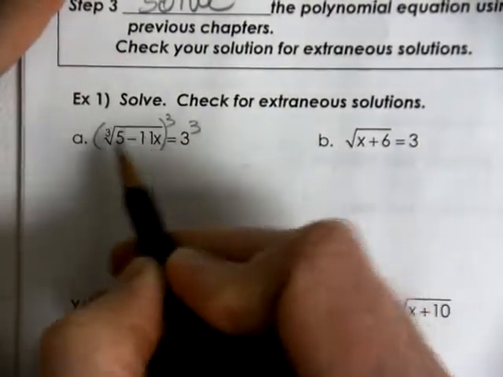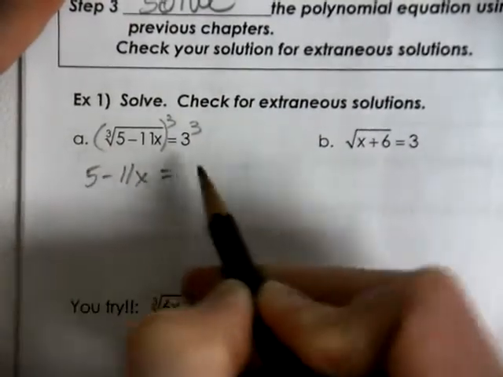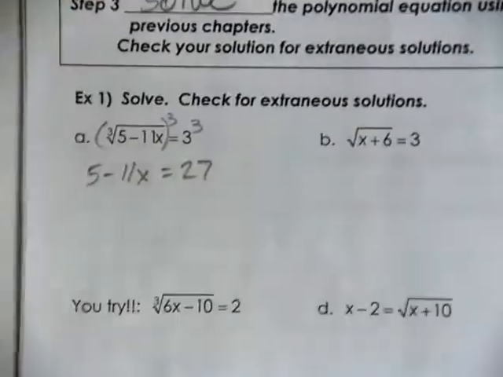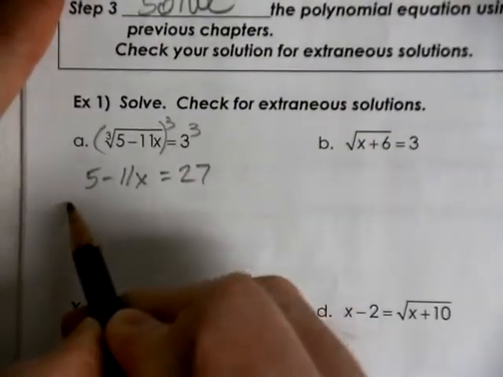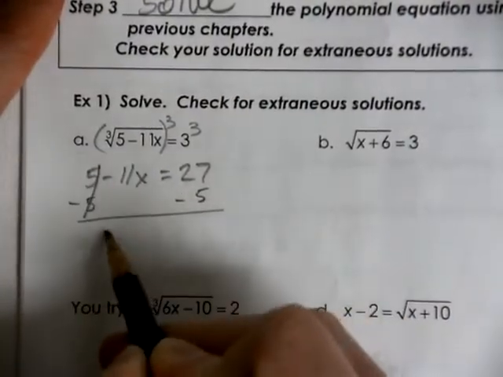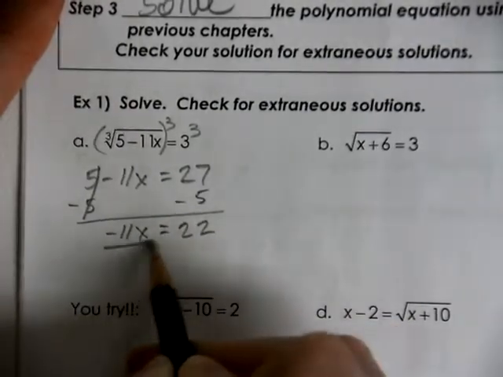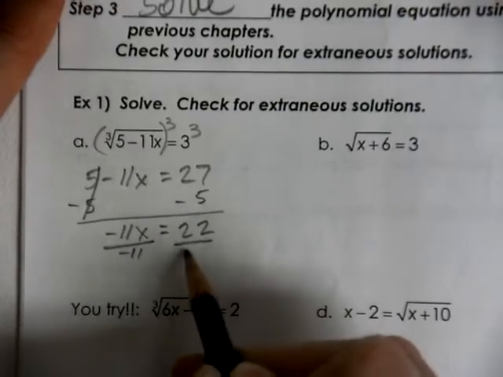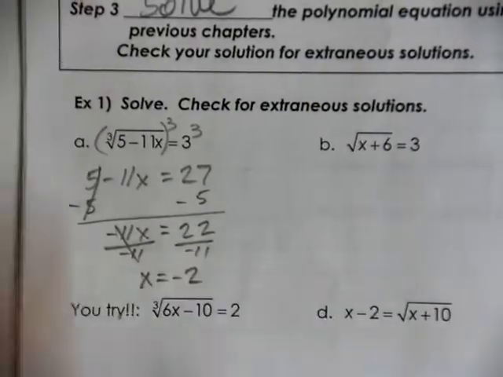So when you cube a cube root, you get the value that's inside. And when you cube 3, 3 times 3 times 3 is 27. Then from here, the rest of it's pretty simple. This is why we took Algebra 1, so we could solve an equation.